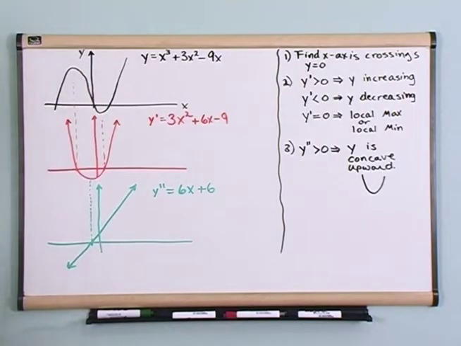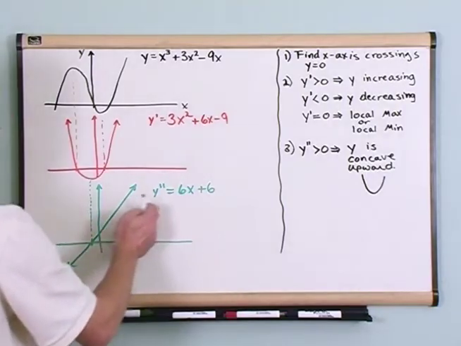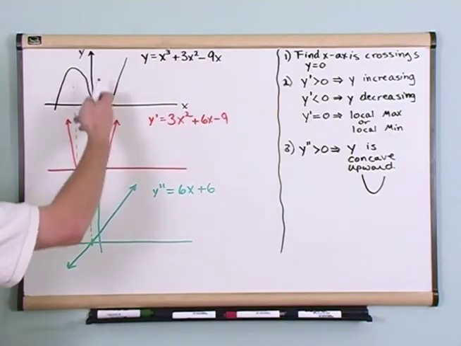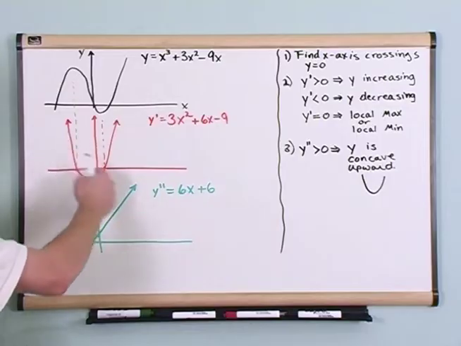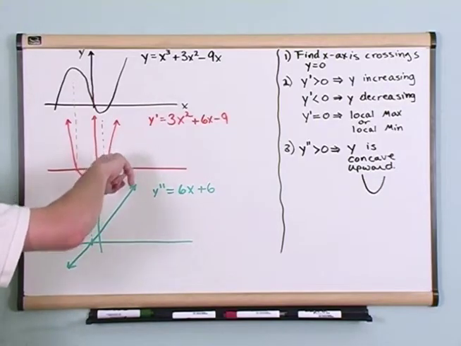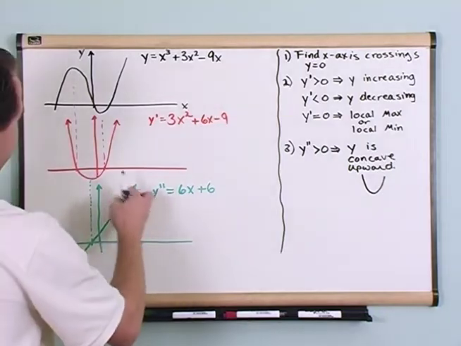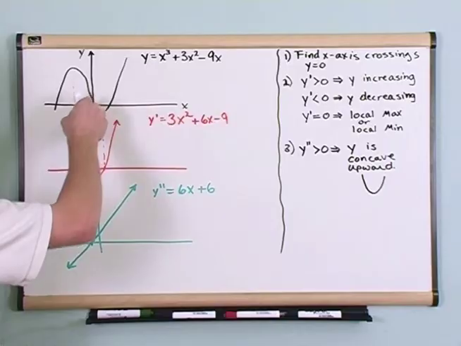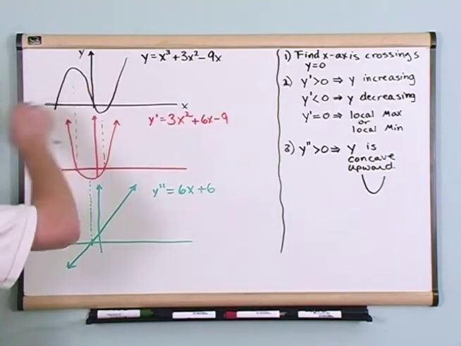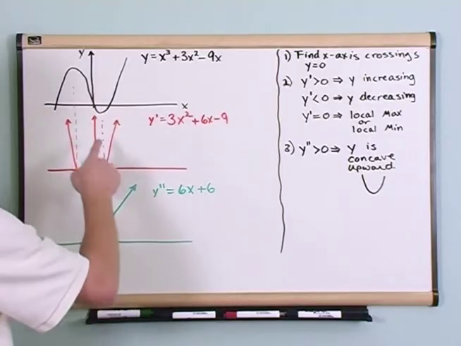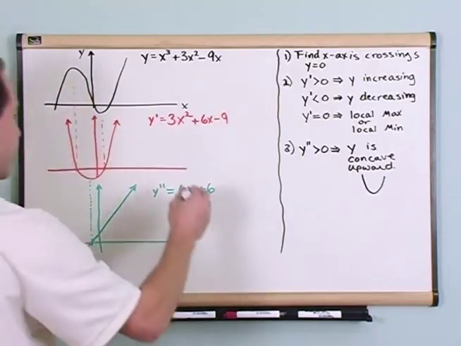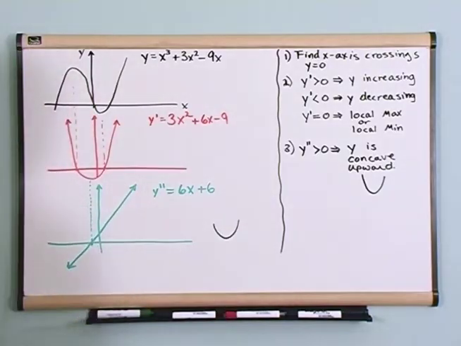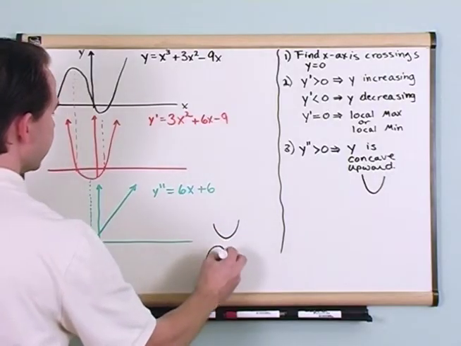Now, why does this work? It's not quite so important for you to be able to work your problems, but if you want to know why, the reason is what we're evaluating here is the slope of this graph. This is the slope, which is the first derivative, and this is the slope of the first derivative itself. So what this graph is predicting is how fast this slope is actually changing. And so in the end, what it's actually predicting is whether this is curved kind of like this, or curved kind of like this.